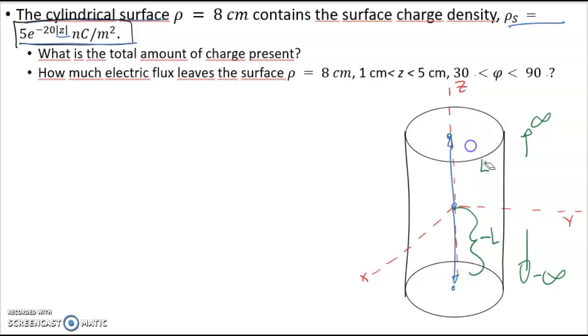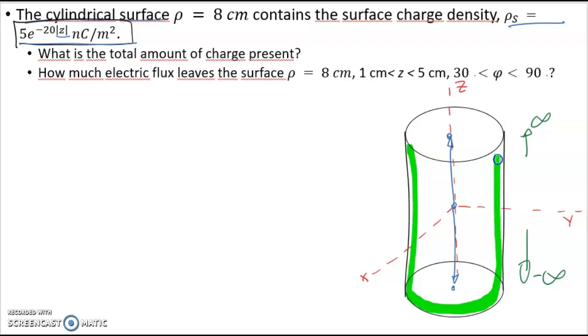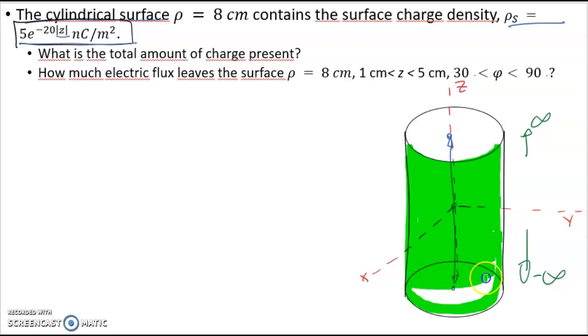That means that we will have a surface charge on the outer curved surface of the cylinder. Here we have the charge.